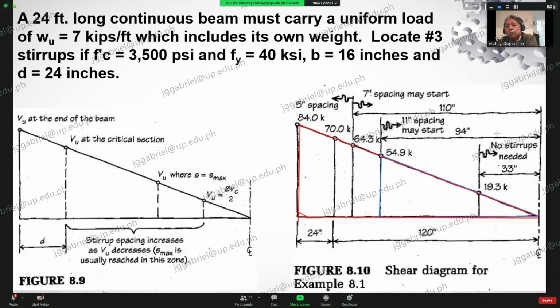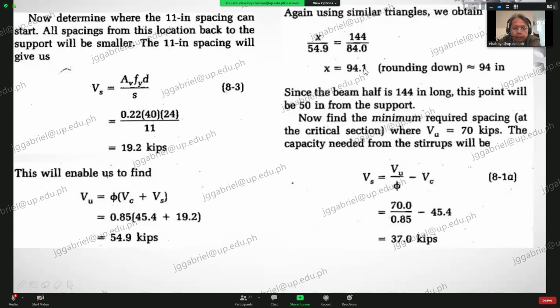Those are similar triangles. There, and we get 94 inches. We computed 94.1.